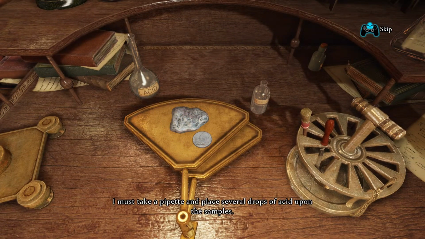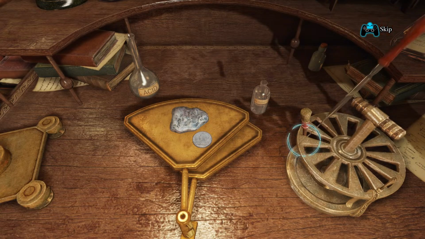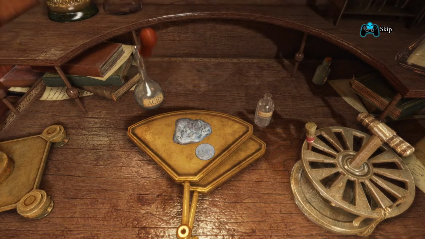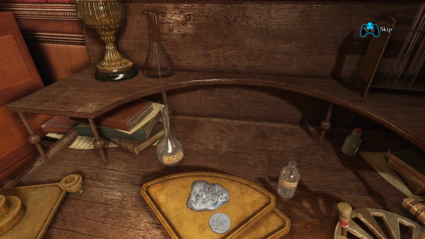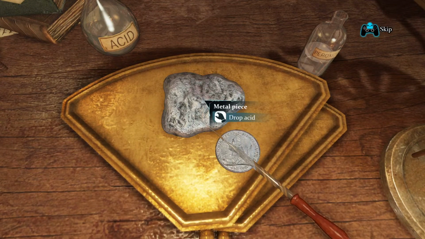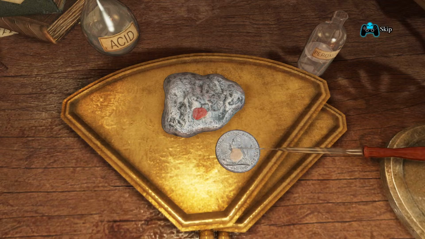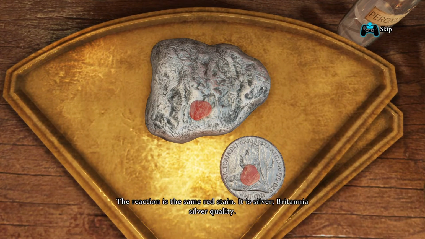I must take a pipette and place several drops of acid upon the samples. The reaction is the same red stain. It is silver, Britannia silver quality.